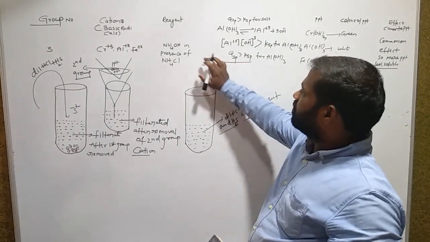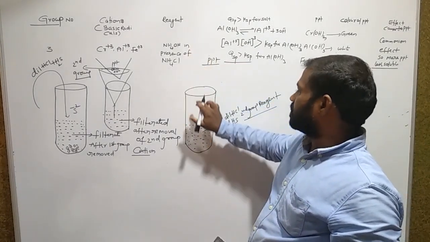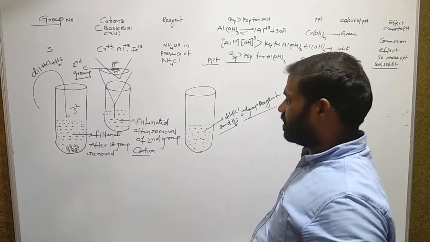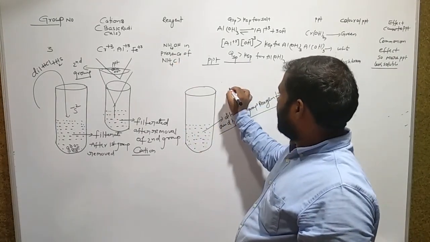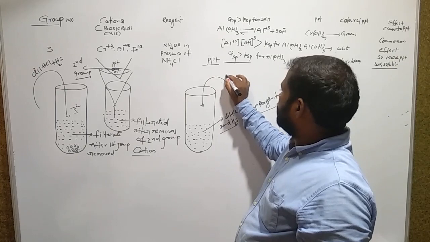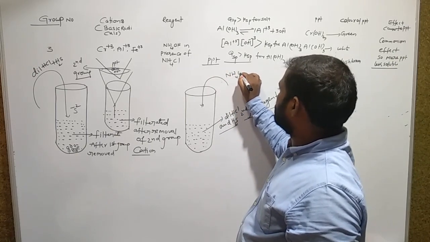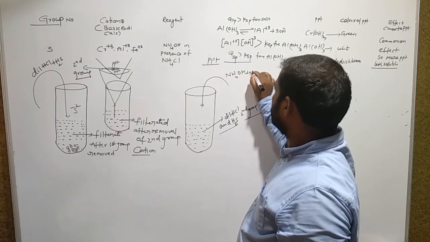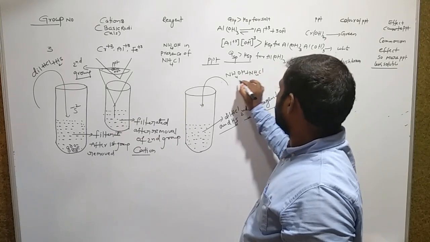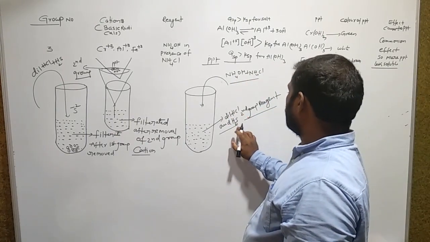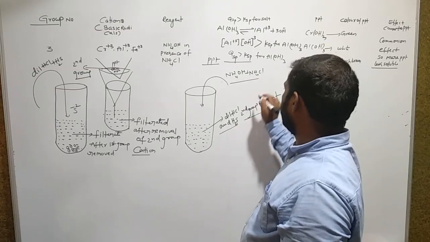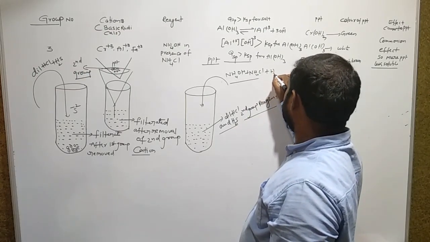If we add ammonium hydroxide and ammonium chloride, now what is the third group reagent? If we add ammonium hydroxide for third group analysis, and ammonium chloride, these interact with the hydrogen sulfide.